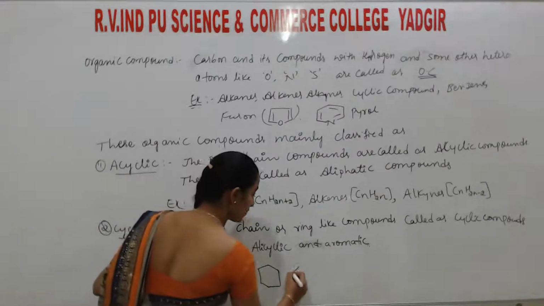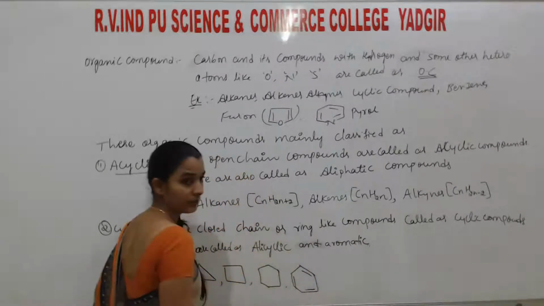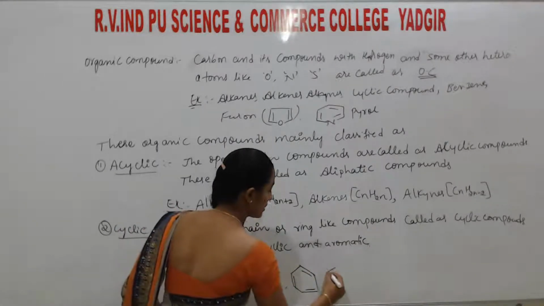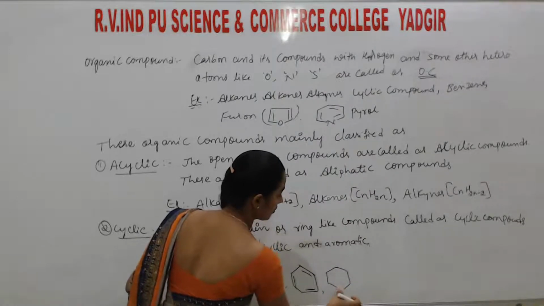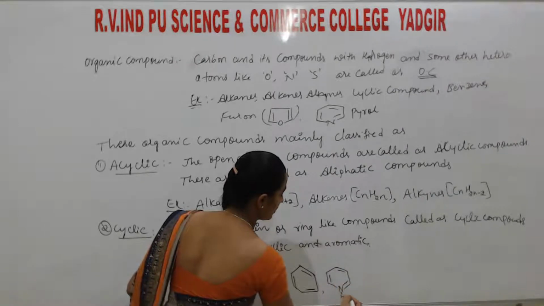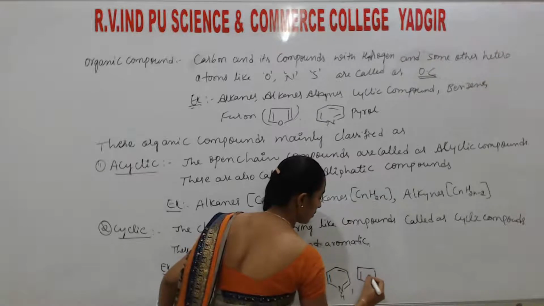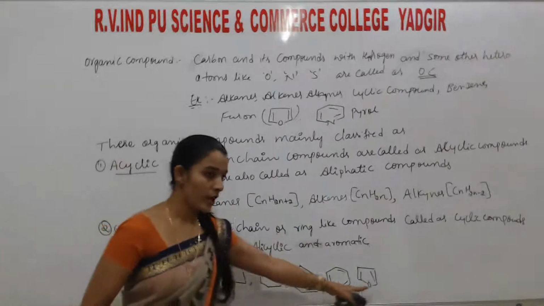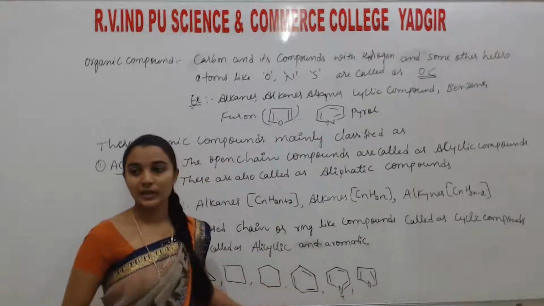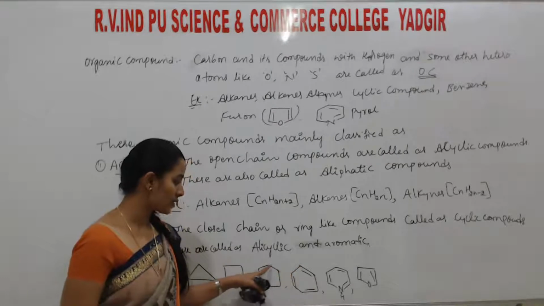I'll take this benzene. Next, this furan. Then pyridine, with NH. Next, furan. These are all examples of aromatic compounds, and both are cyclic because there is a bond between the first and the last carbon atom.